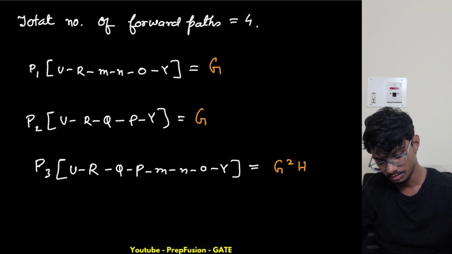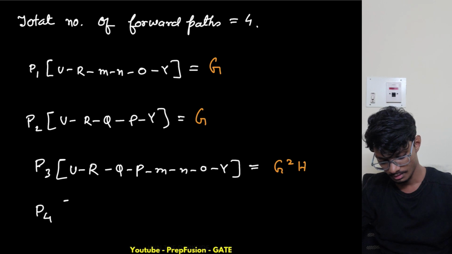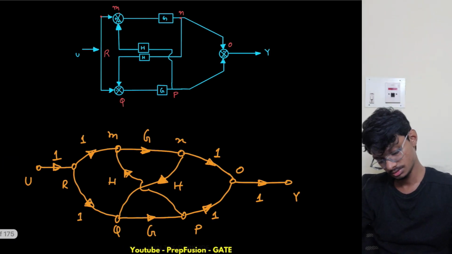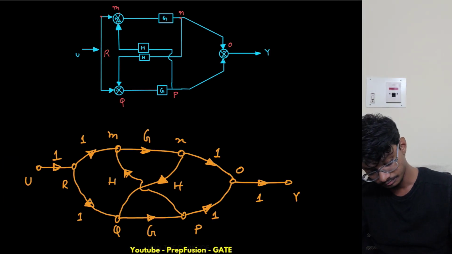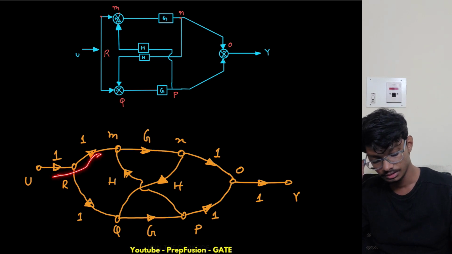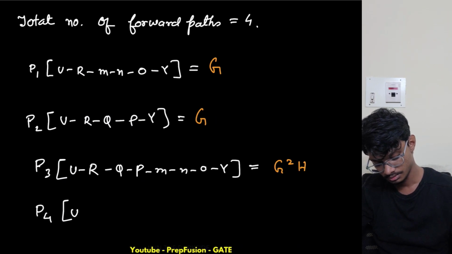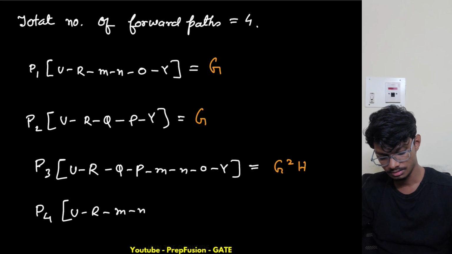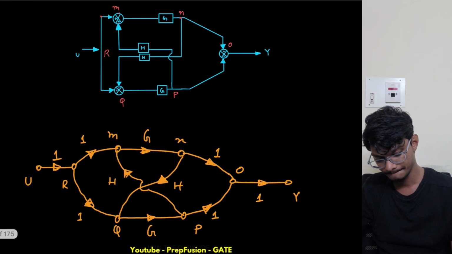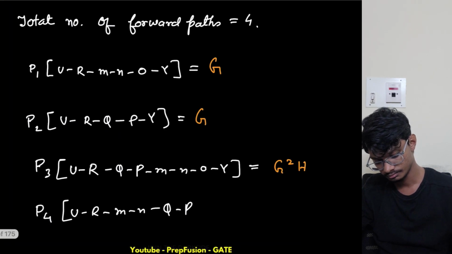And what about P4? P4 is basically this one. It goes from U R M N Q P, and from Q P it goes to O Y. Am I doing this correctly?